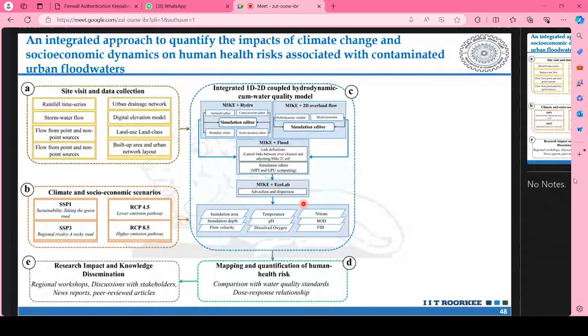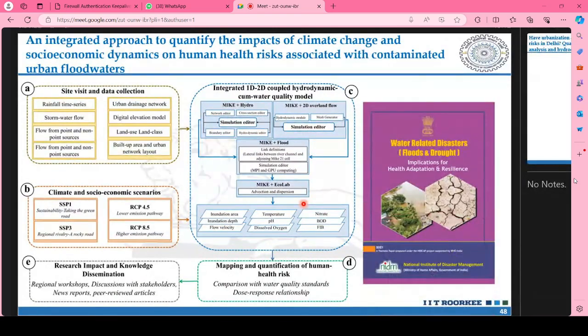This is a framework that we have developed. The National Institute of Disaster Management also talks a lot about water-related disasters and how they have implications on human health and society's health. So this entire work consists of flood modeling. It also consists of capturing data from climate models, for example different RCPs and SSPs.